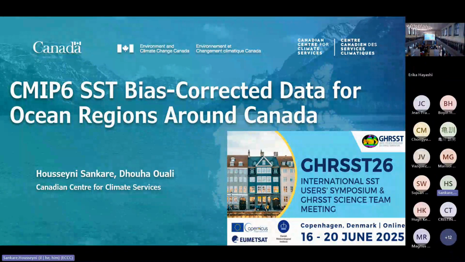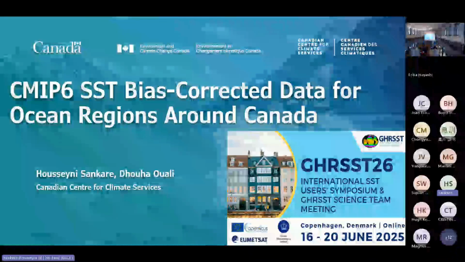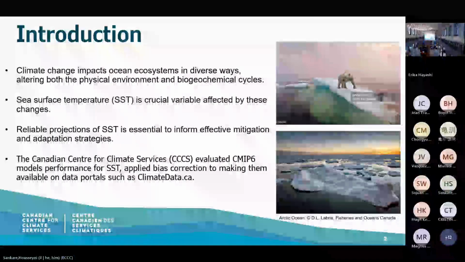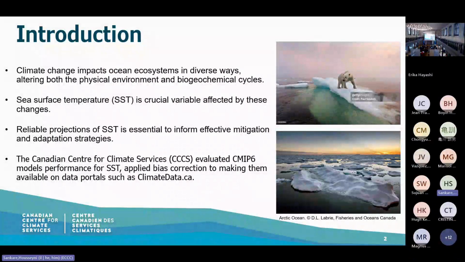Today, I will present the results of our CMIP6 model SST bias correction for the Canadian Ocean region. Climate change impacts ocean ecosystems in diverse ways, altering both the physical environment and biochemical cycles.